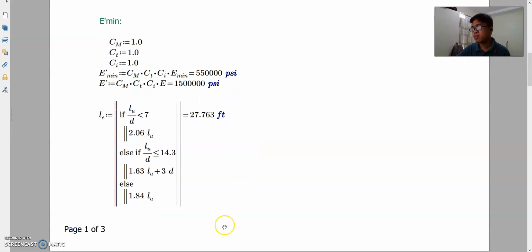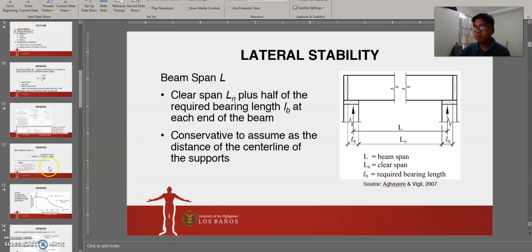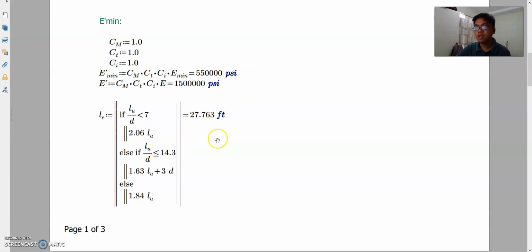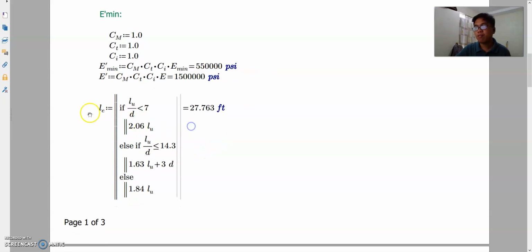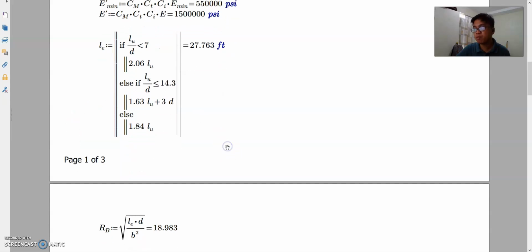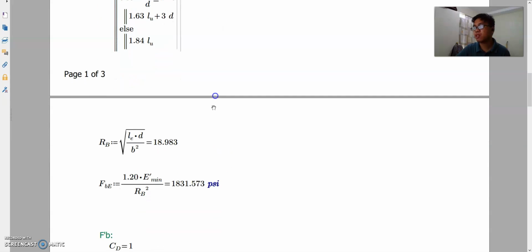And then next, as you can remember, we need to use the table for computing the effective unbraced length. Also, you need to compute for LU over D. And so after computing this, we have the effective unbraced length equal to 27.763 feet.